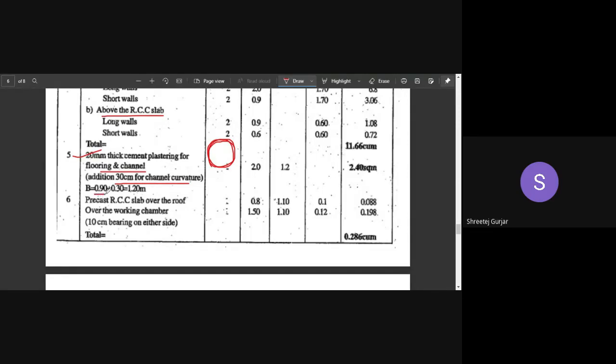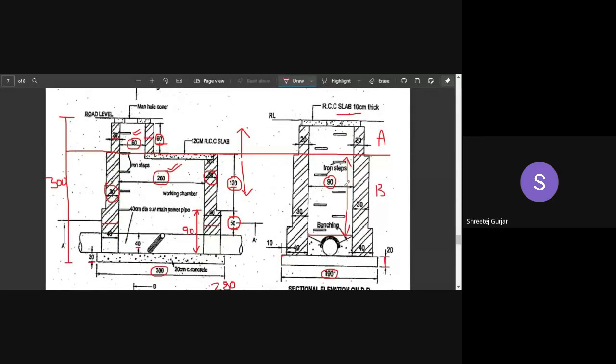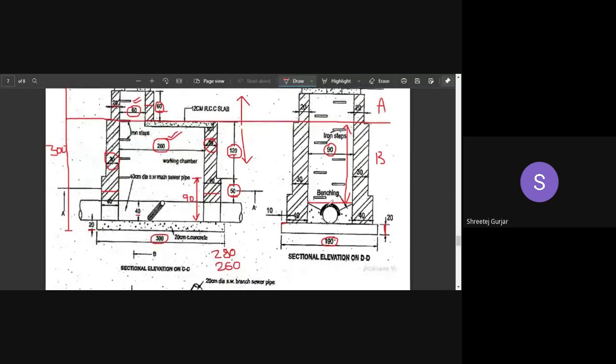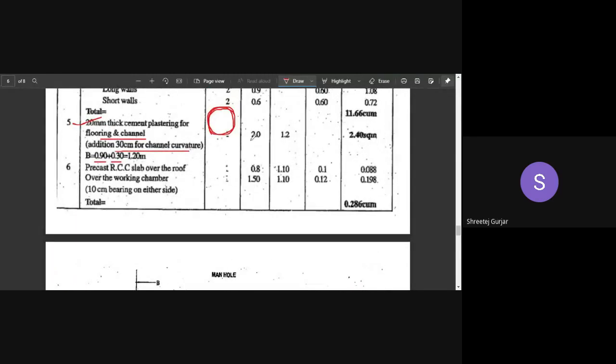Okay, so breadth is 90 plus 0.3. This is 90, right? This is 90 plus this curvature which we have over here. The curvature which needs to be plastered is considered to be 0.3. Okay, no problem in breadth. What about the length? Length is the inner length, the pipe which is running inner, right?